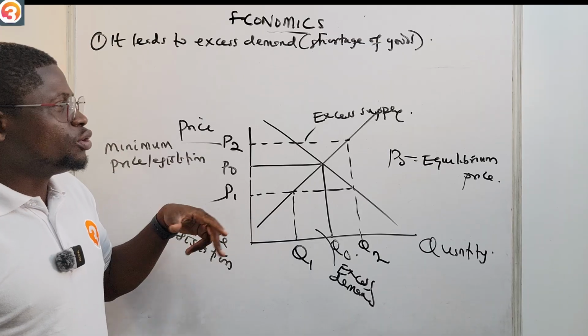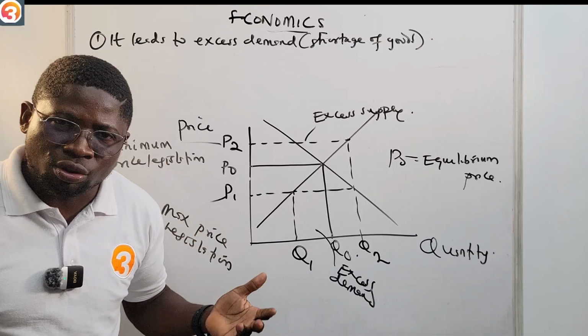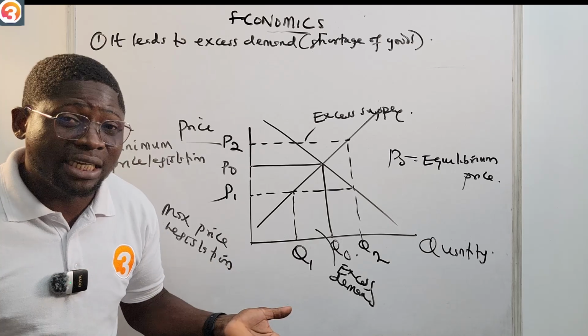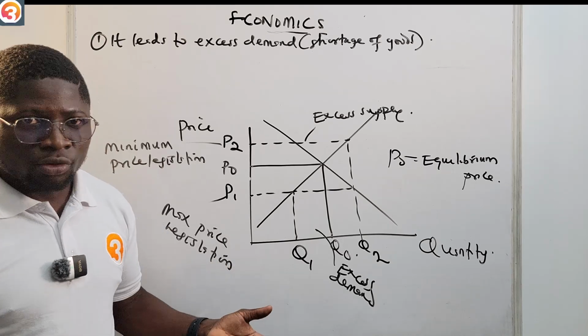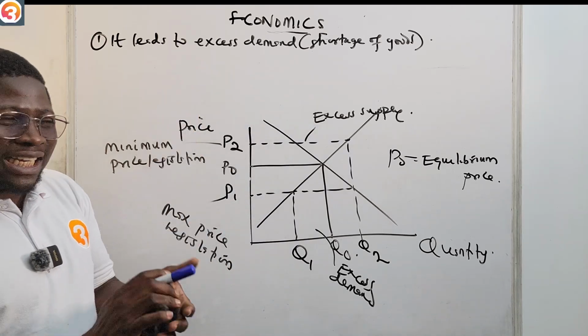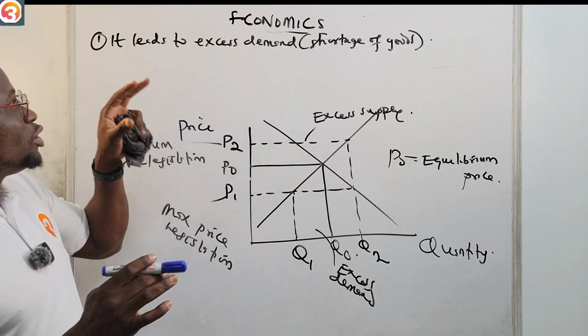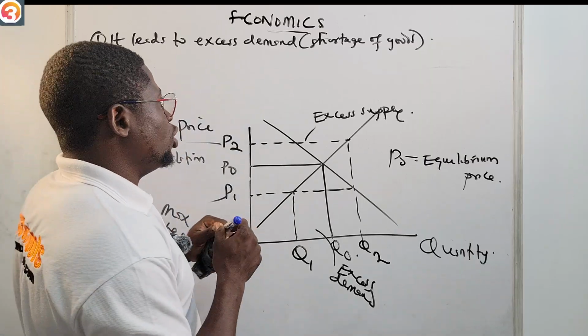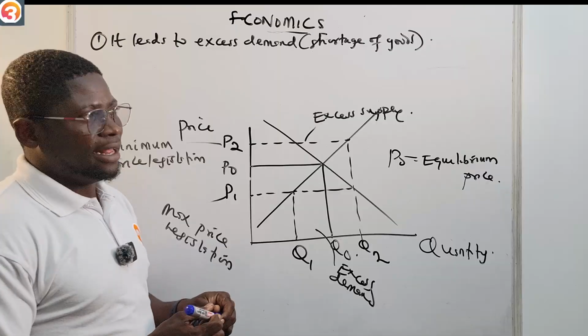So it will lead to shortage of goods. Producers will not want to supply much again, or may not supply at all. This is the effect of maximum price legislation. It leads to excess demand, which is called shortage of goods or shortage of supply.